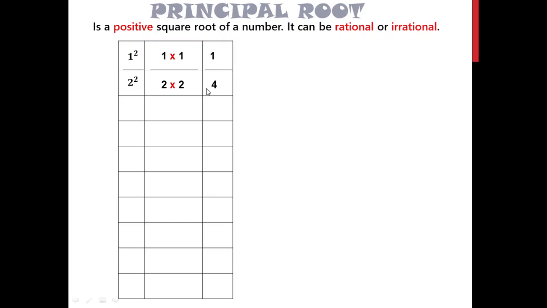4 is a perfect square number. Again, we have 3 squared. It's the same as 3 times 3, which is 9, another perfect square number.